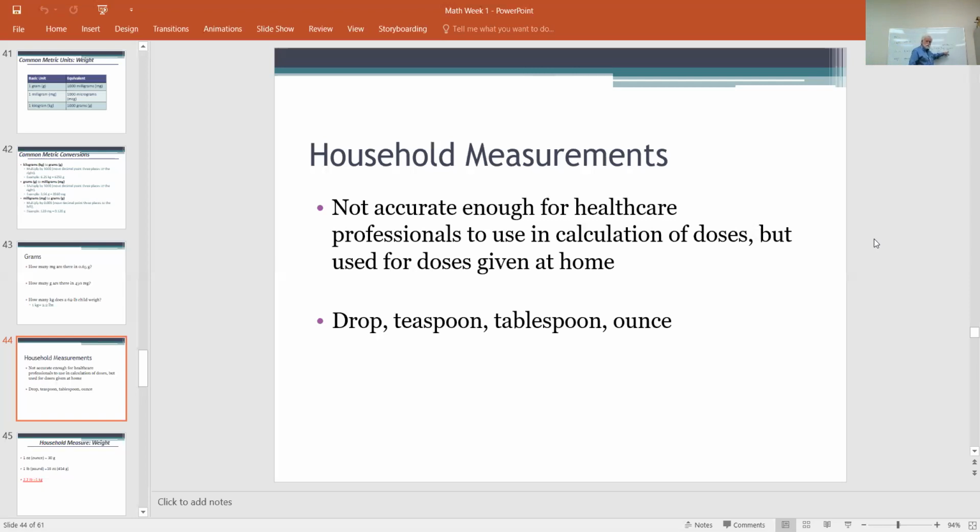So that 2.5 grams becomes 2,500 milligrams becomes 2,500,000 micrograms. Okay. If we're going the other way and converting, say, milligrams to grams, we're going to divide by 1,000. So if we have 500 milligrams and we want to convert that to grams, we divide by 1,000 and we get 0.5 grams. Does that make sense?